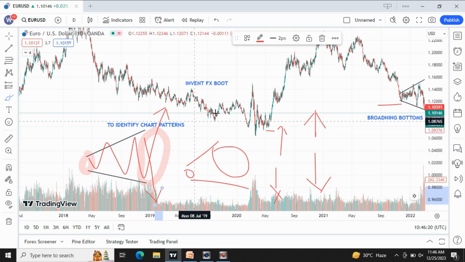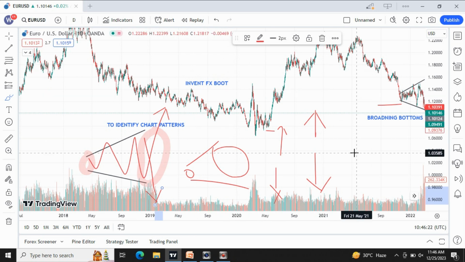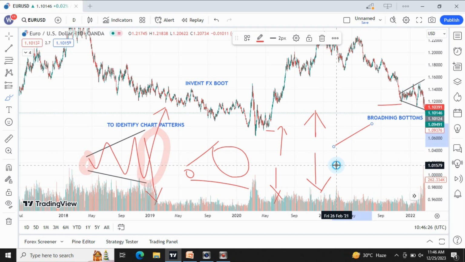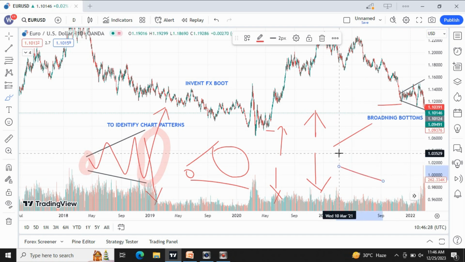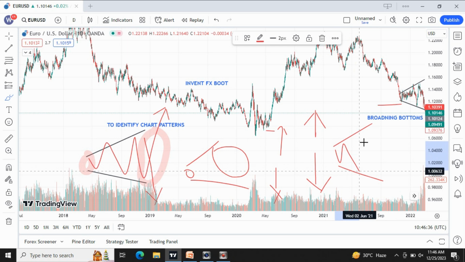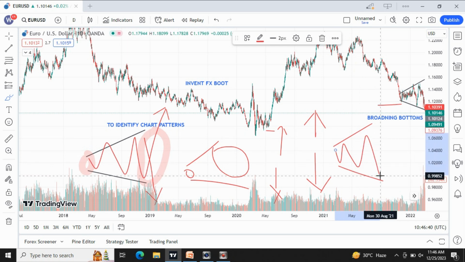I want you to check it very well. See how I'll draw it. I'll also try to find it in the chart, in the trade here, and watch for the trade that forms the broadening bottom so that you will know how it looks, the broadening bottom and the broadening top.